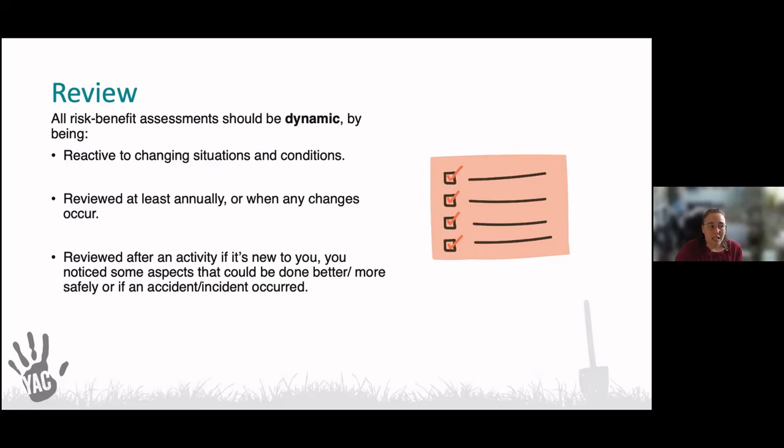So if you can see things that could have been done better, more safely, or if an accident or incident occurred, it is always worth having that debrief. And you can do that in 5 minutes at the end of the session. Or you can say, can we have an email conversation? Just send it around each other to get feedback, as long as it's recorded.